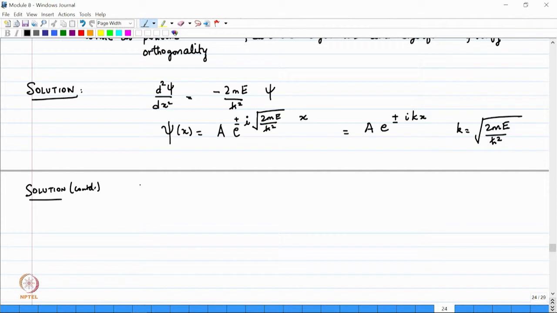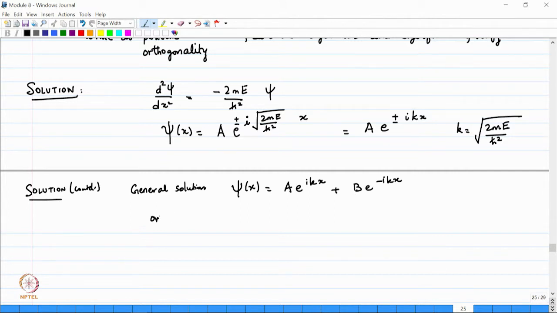So, the general solution is psi of x equal to a e to the i k x plus b e to the minus i k x. e to the i k x and e to the minus i k x are linearly independent functions. So, you can write the general solution as a linear combination of these.